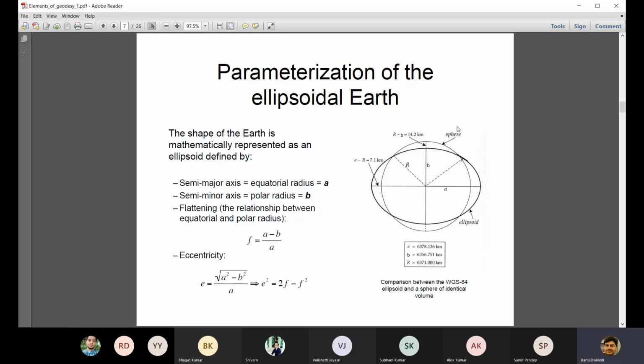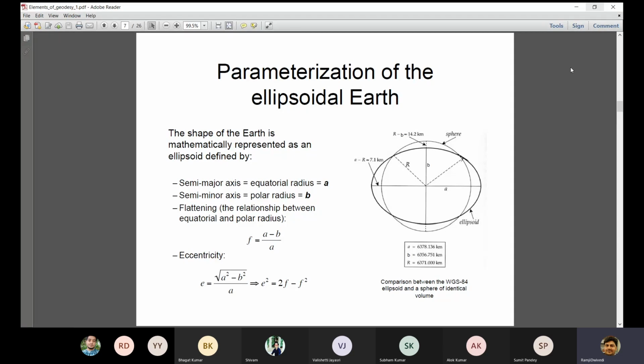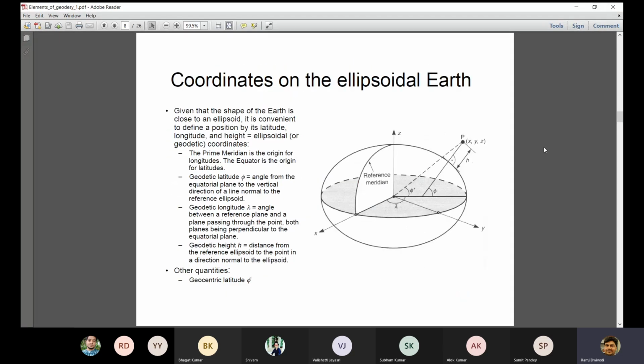In this instance, the concept of Earth-centered and Earth-fixed was explained. Obviously, the coordinates on the so-called ellipsoidal Earth were considered to be latitude, longitude, and height.